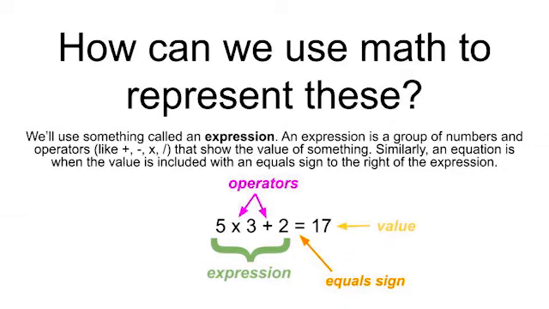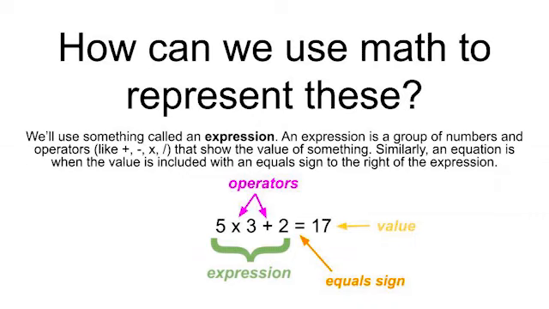And so an expression is a group of numbers and operators that represent a value or what something is worth. Then when we add an equal sign and the value of the expression on the right, we'll get what we call an equation.